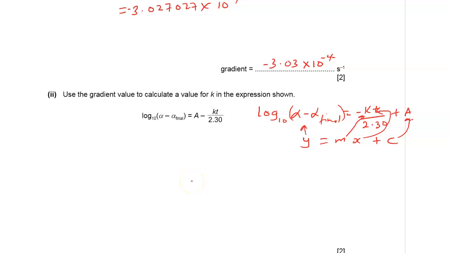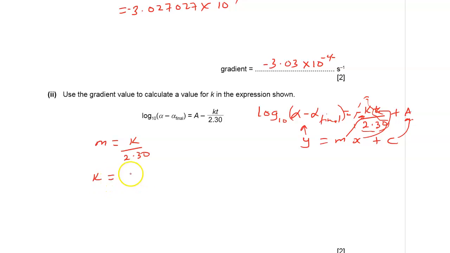So the gradient m is equal to k over 2.30, ignoring the minus sign.